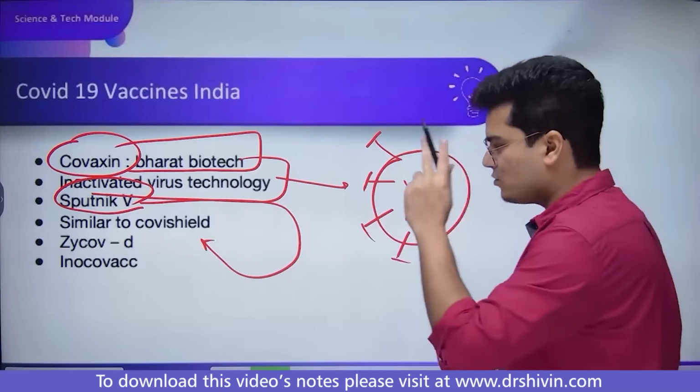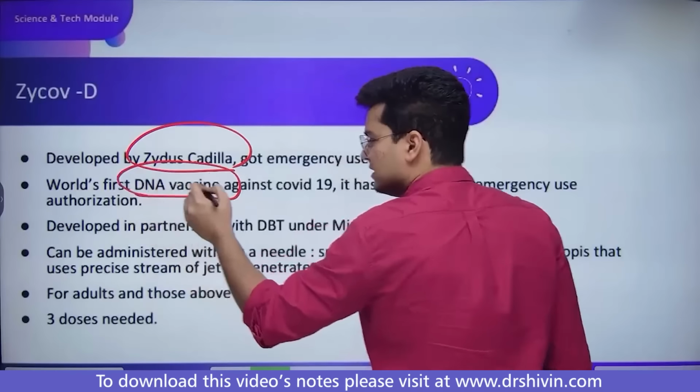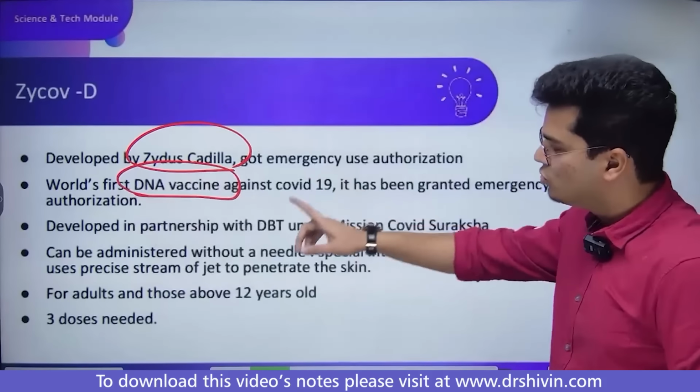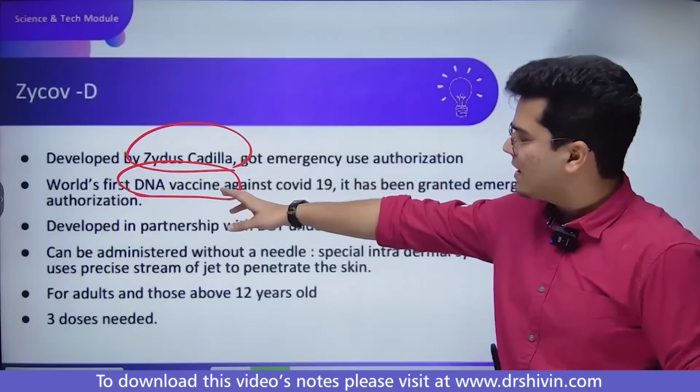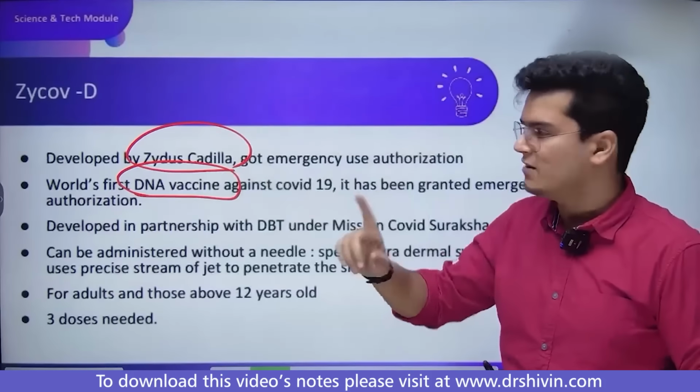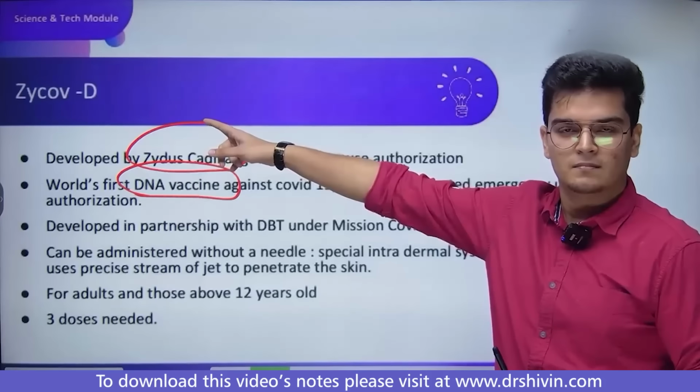Let's look at them. ZyCoV-D was developed by Zydus Cadila. It is an Indian company. It is the world's first DNA vaccine against COVID-19 using a bacterial plasmid. Okay, the first ever DNA vaccine against COVID-19 is ZyCoV-D.